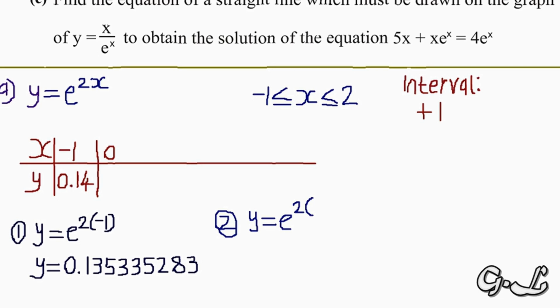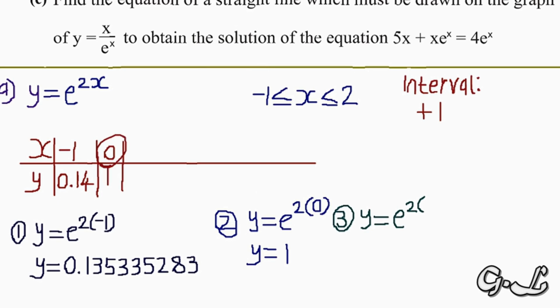Where there is x, we replace 0, and 2 multiplied by 0 gives you 0, and e to the 0 is +1. So that is our y coordinate. Our y coordinate is equal to +1. There we're going to write +1, and then let's go to the third one.